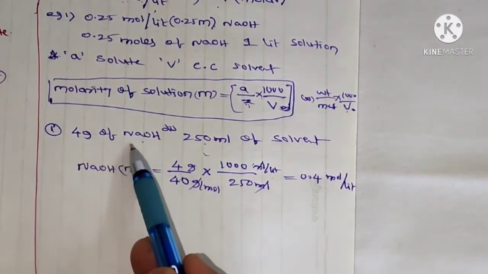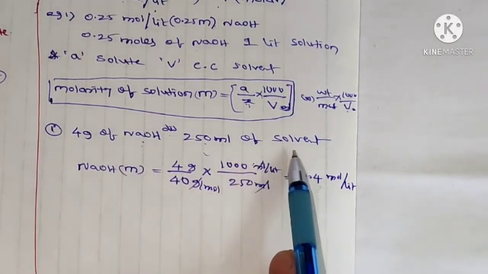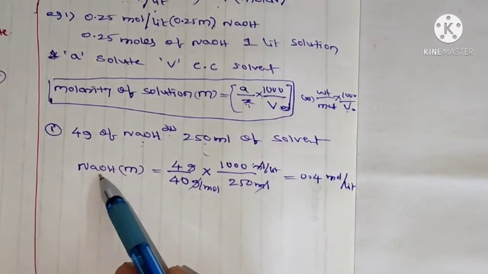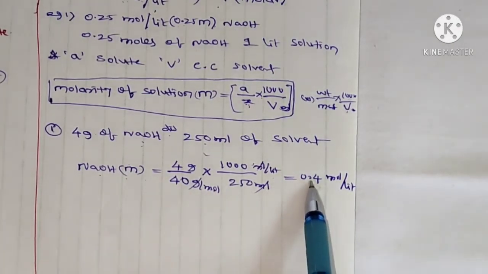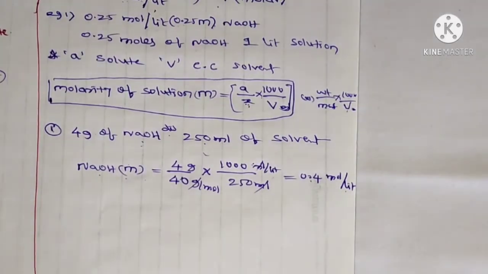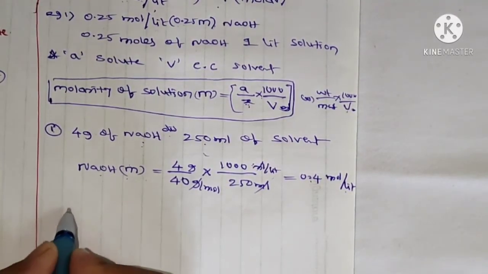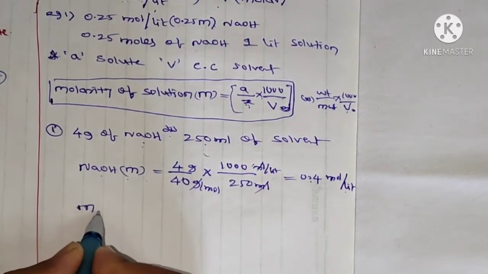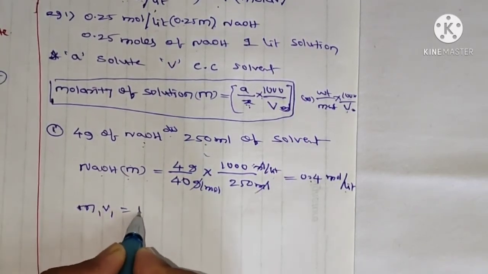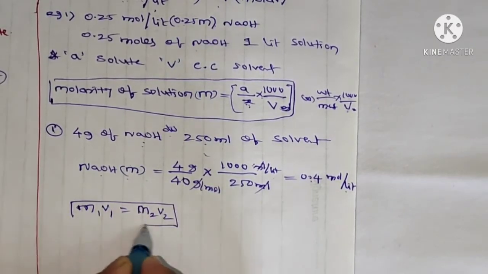So 4 grams of NaOH dissolved in 250 ml of solvent, then the NaOH molarity is 0.4 moles per liter. And for dilute concentration, the formula is M1 V1 is equal to M2 V2.